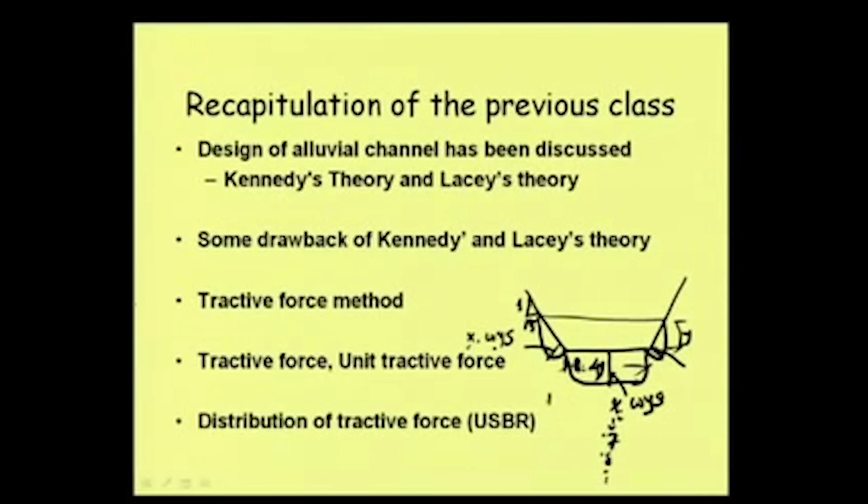Well, now in reality we will be having different types of channel, say with different B by Y ratio. Here our B by Y ratio is 4, but B by Y will not always be 4, and here our side slope is 1.5:1, but this will not always be the same.